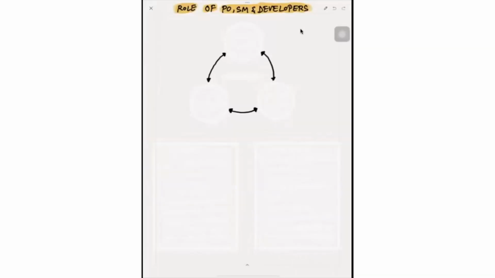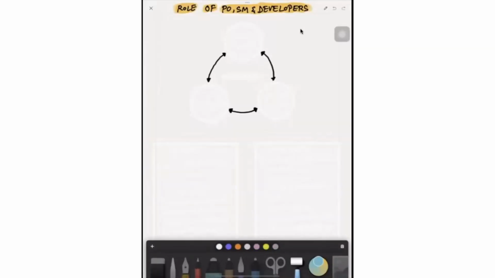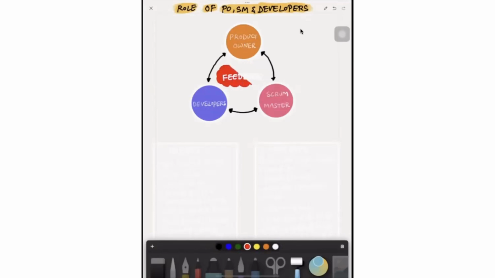So what is the role of product owner, scrum master, and developers within the retrospective? So the product owner, all the developers, and scrum master, they give feedback to each and everyone. So the focus is on the 360-degree feedback kind of thing.